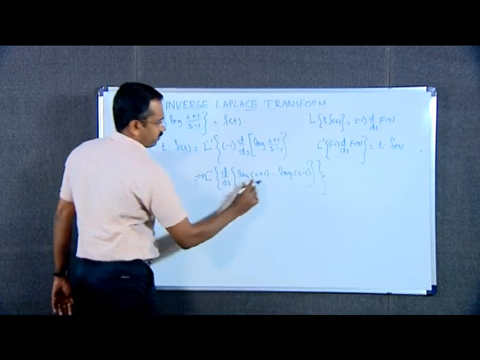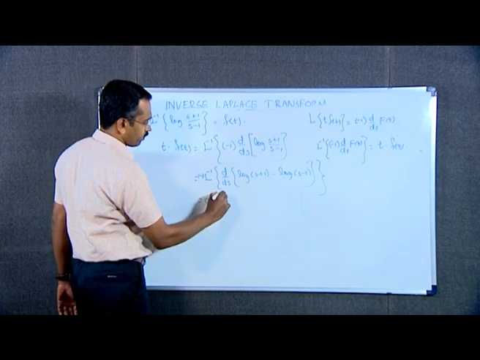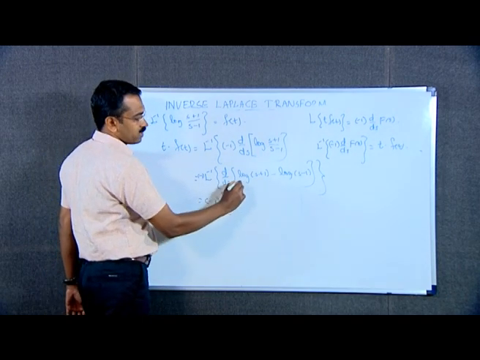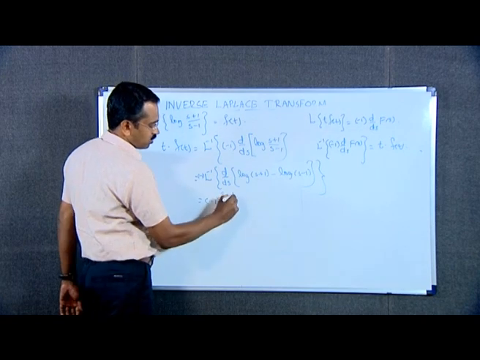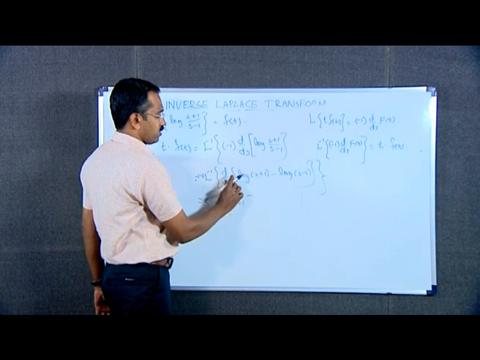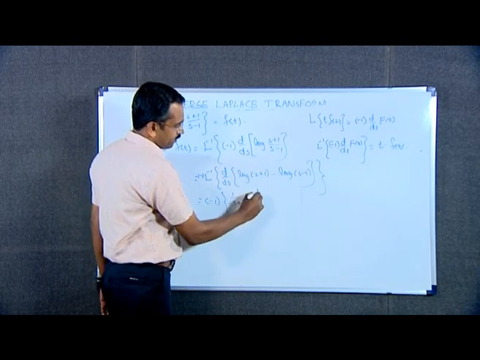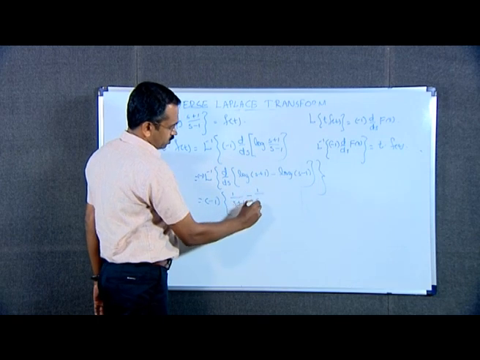L inverse of this, that's equal to minus 1 into, here d by ds of log of s plus 1 means 1 by s plus 1 minus derivative of log of s minus 1 is 1 by s minus 1.